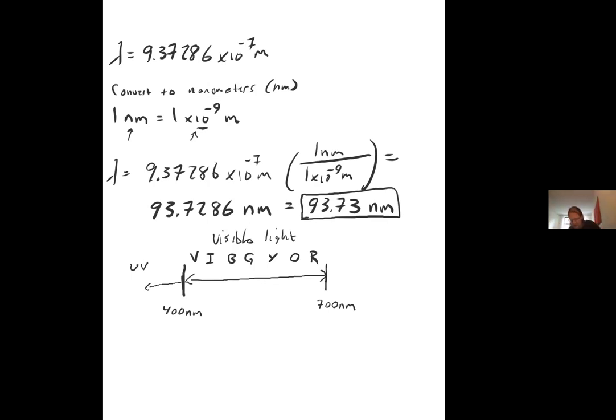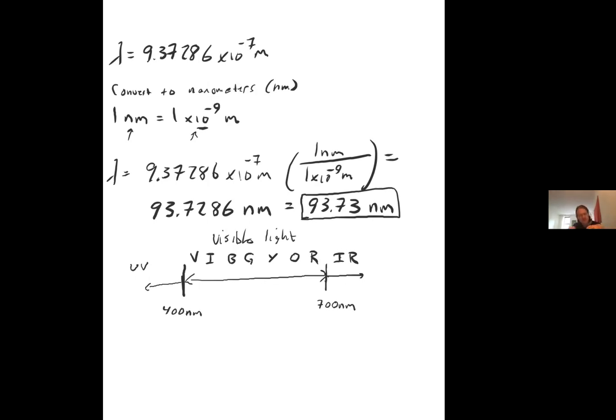On the other end, if you go beyond 700 nanometers, then you get infrared, which means less than red. So the order goes red, then infrared. So if it had been 710 nanometers or 750 nanometers or 1,000 nanometers, you would be in the infrared region.